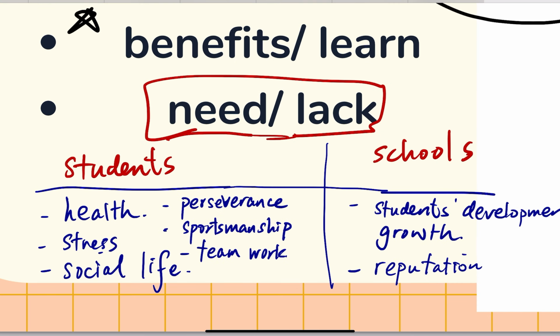So students need a healthy life, they want physical health, and they do not want to have stress, they want a social life. And things that they can possibly learn from doing sports would be perseverance, sportsmanship, teamwork, and so on. Of course, you have to explain how doing sports can help them gain these benefits.